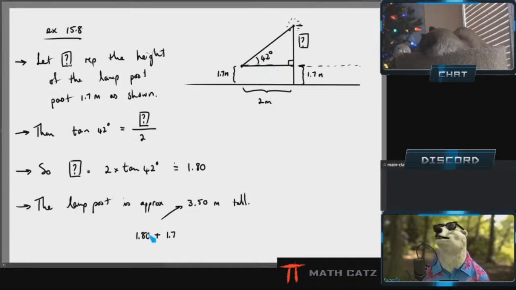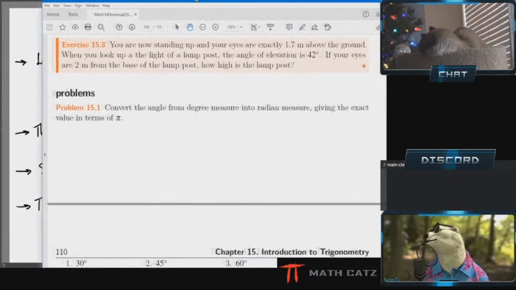It's independent of the practical aspect. And then just wrap it up with a nice concluding sentence to make it clear that I understand that the actual answer to this question is 3.5, not the 1.8 that my equation gives me. Those aren't necessarily the same thing. What the question wants and what I did mathematically aren't perfectly the same always. I'm trying to answer the question in the end.